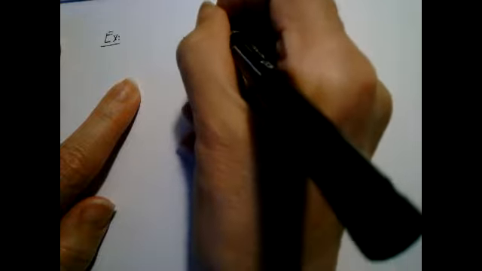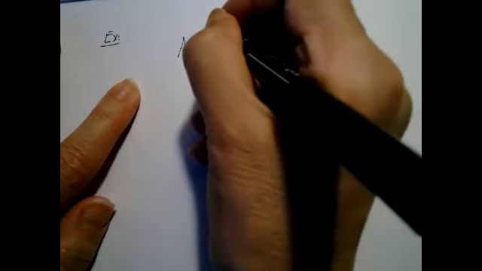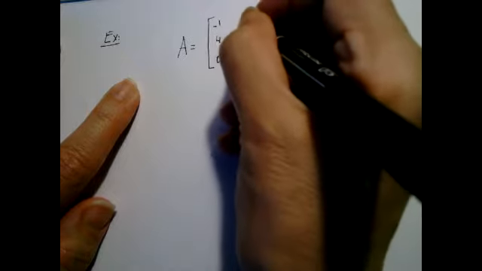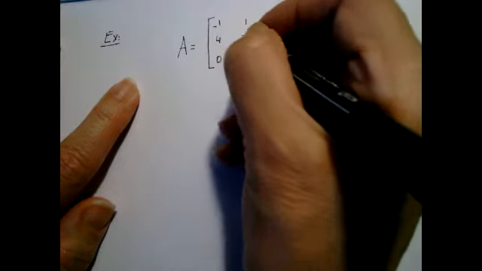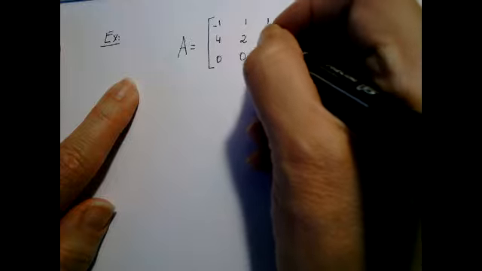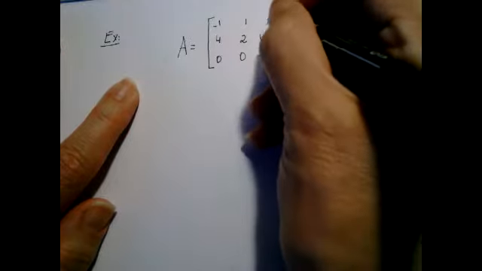So example, let A be the following matrix: -1, 4, 0, 1, 2, 0, 1, 4, -2.